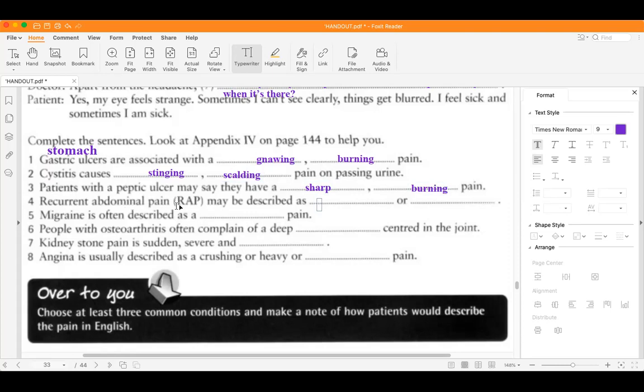Recurrent abdominal pain may be described as, we can say here, crampy, and also colicky. Migraine is often described as a throbbing pain, throbbing headache.